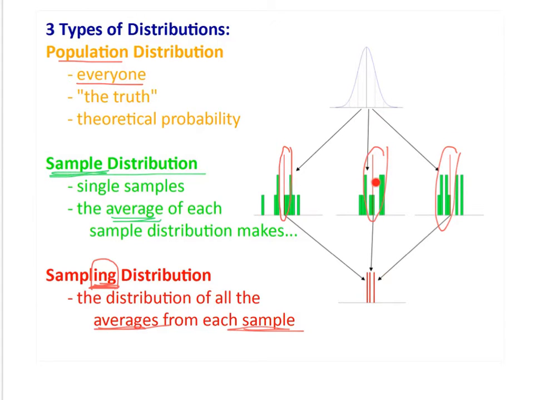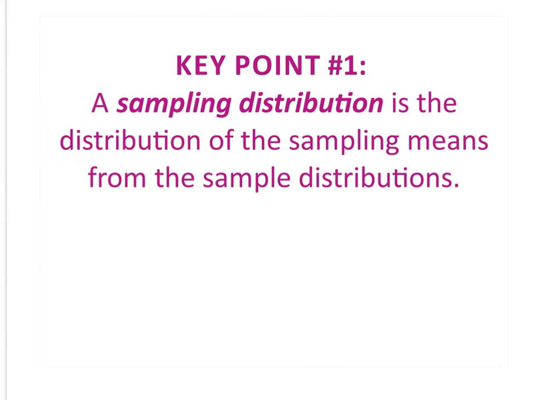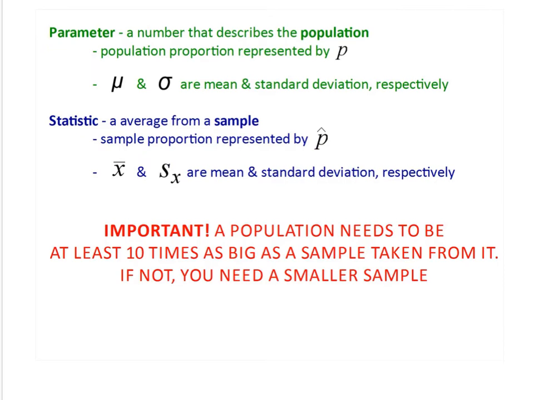The 3 averages make up my sampling distribution. So key point number 1: a sampling distribution is the distribution of sample means from the sample distributions. I take a look at the means, or the averages, from my different samples.